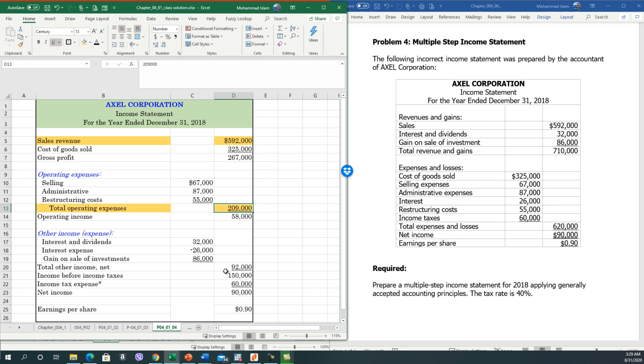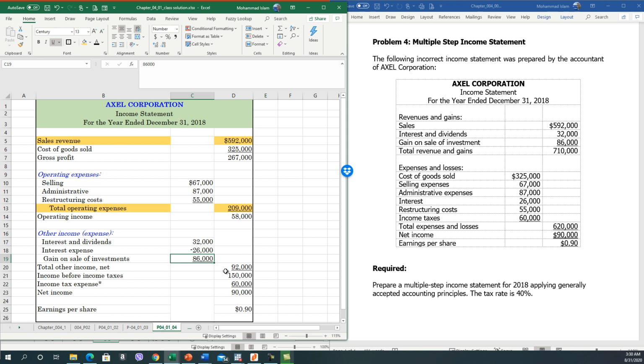After subtracting the operating expense from the gross profit, we have the operating income of 58,000, and other income or expenses. Interest and dividend, interest expense. This is the income, this is the expense, that is why the minus sign. Gain on sale of investments, so positive.